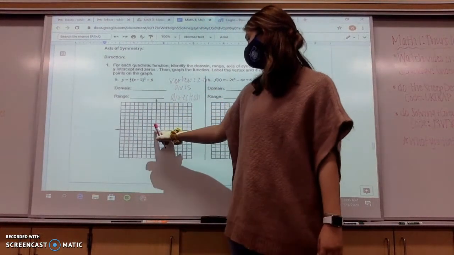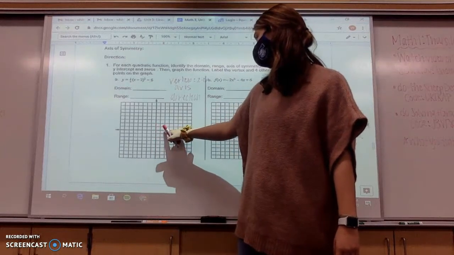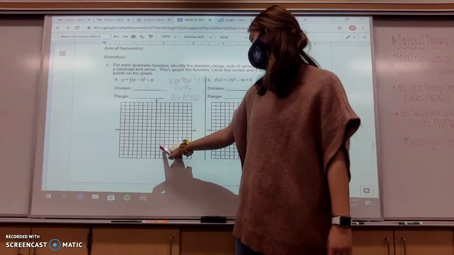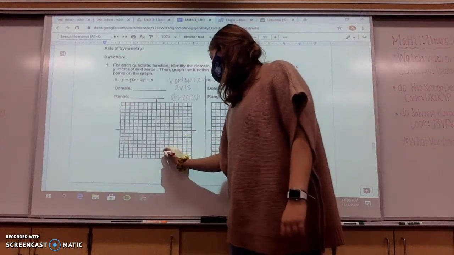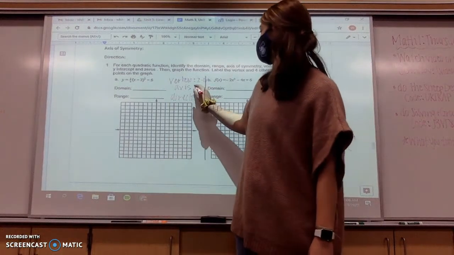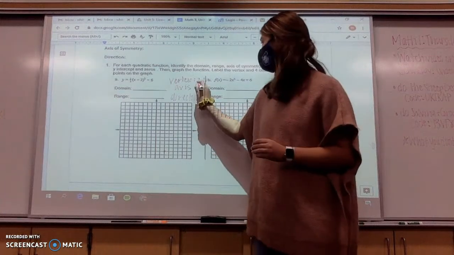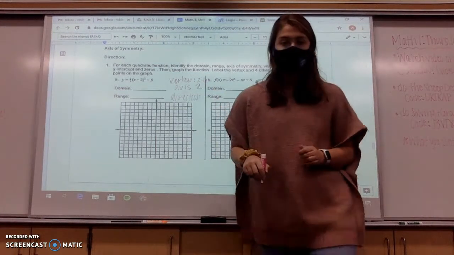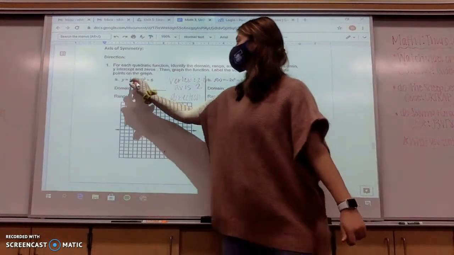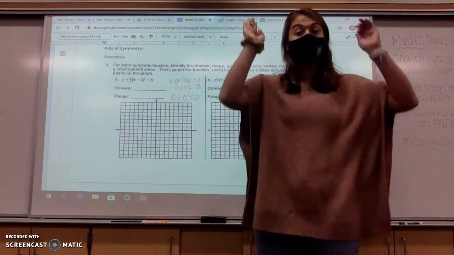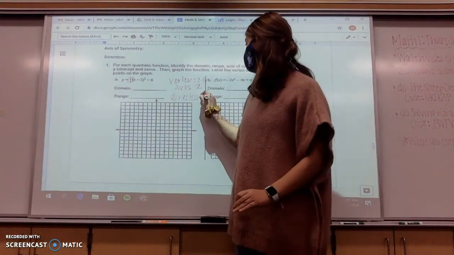So I'm going to come over here and find it. 1, 2, and go down 6. 1, 2, 3, 4, 5, 6. So that is my vertex down there. My axis of symmetry is always my h value, so it's 2. Let's do that 2. There we go. And then our direction, this is a positive 1/2. So it's going to be going up because it's positive.